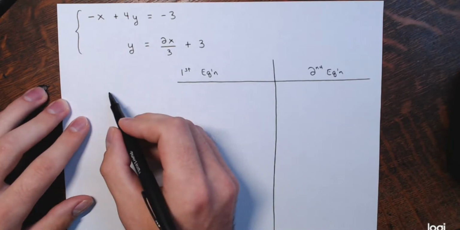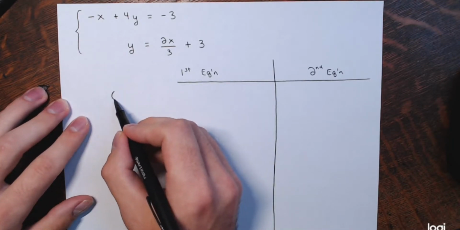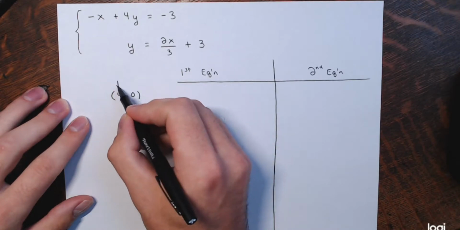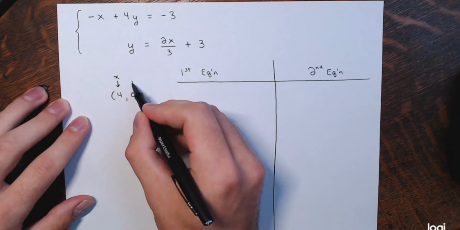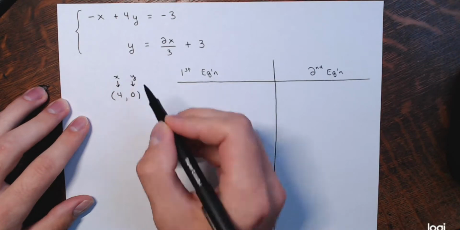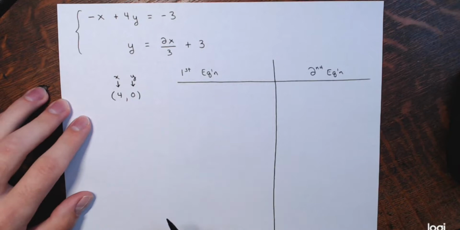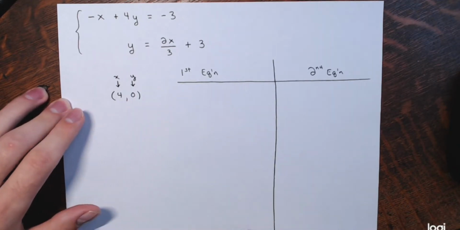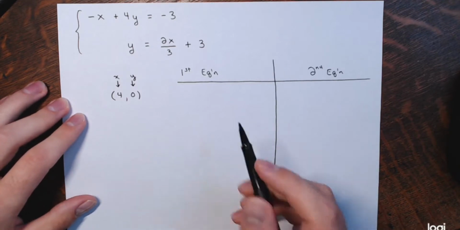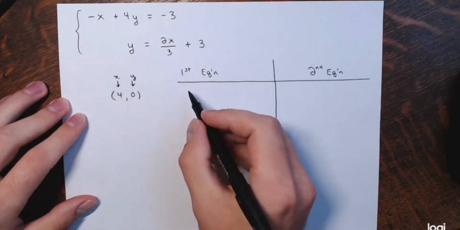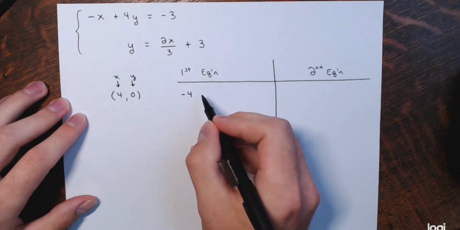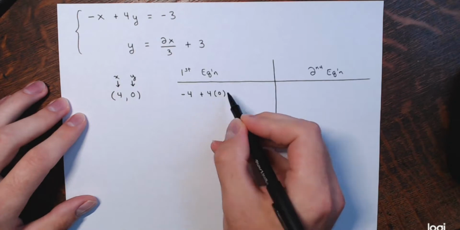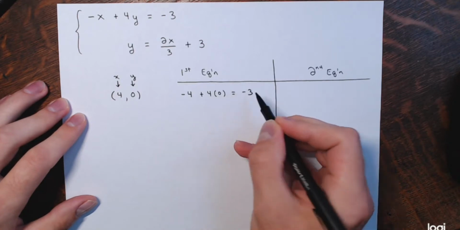Now the first ordered pair we're given to check is the ordered pair 4, 0. And once again, the first value is going to replace x everywhere. The second value is going to replace y. And in order to be a solution of the system, all the equations, both equations, have to be satisfied. So in the first equation, we have negative 1 times x, so negative 1 times 4, negative 4, plus 4 times y, 4 times 0 equals negative 3.